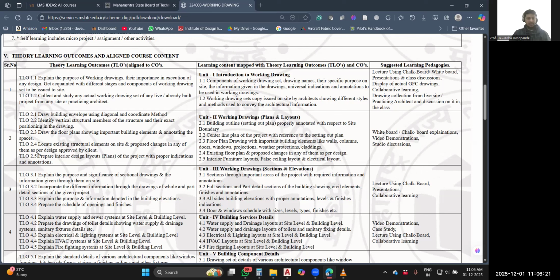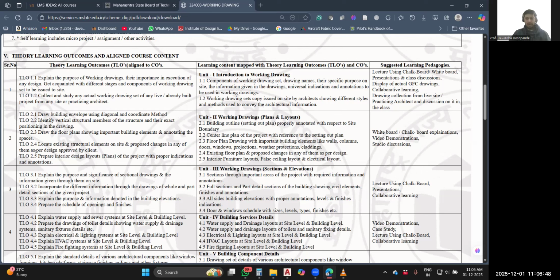Then the fifth TLO for this particular unit is to prepare interior design layout plans of the project with proper indications and annotations. So this proceeds with developing an interior layout, that is basically the furniture layout for the plan that you have developed.